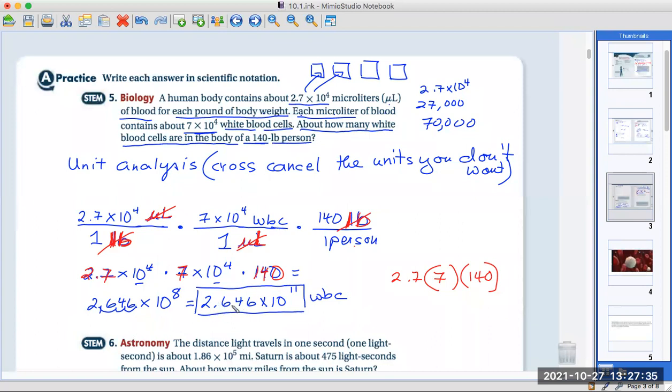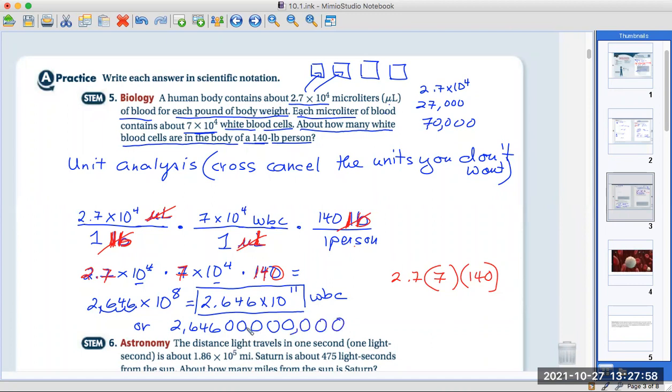So I'm going to move my decimal 11 spaces to the right. I start with 2.646. So that makes it 3, and then 8 more zeros: 1, 2, 3, 4, 5, 6, 7, 8.